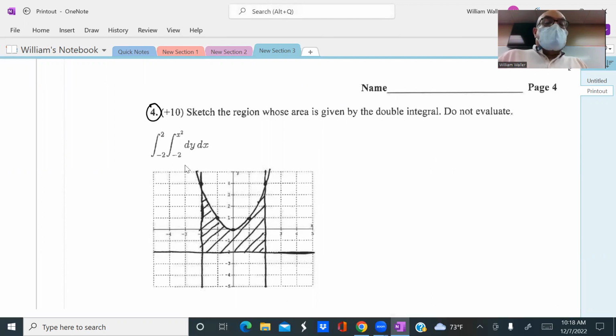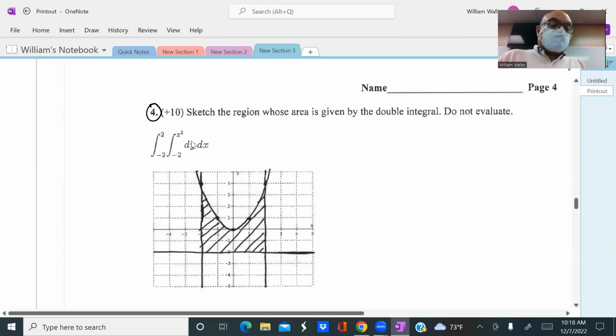This problem now, though, is really not any computational work to do. All we were asked to do is to sketch the region that is represented by the limits of integration in this double integral.